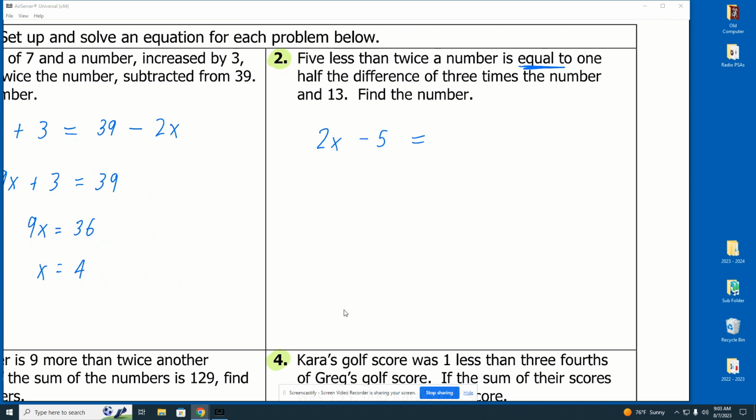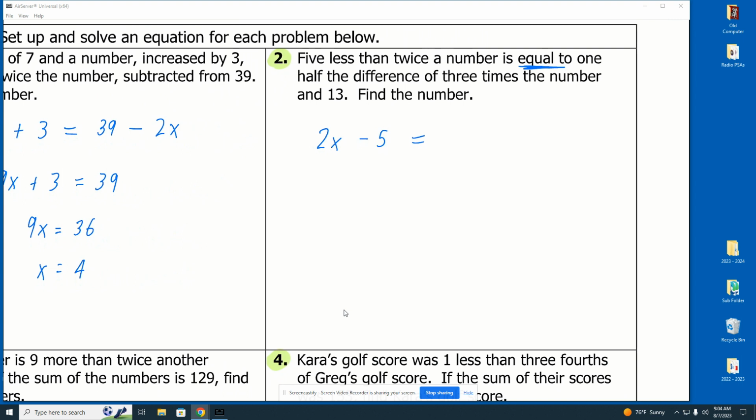But it doesn't say that. It says 1/2 the difference of. So what they're about to do is they're about to give me a quantity that you have to do half of. So when I see something like that, I usually either think parentheses if I'm doing 1/2, or a fraction if I'm going to do divided by 2. You understand? Now it's your call.